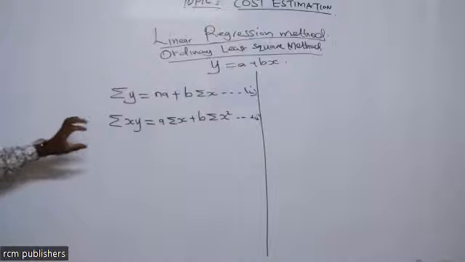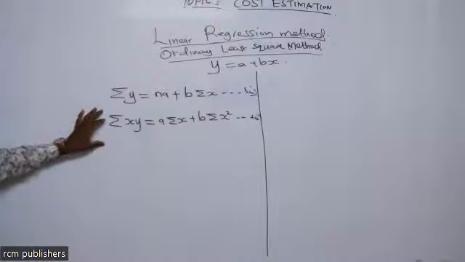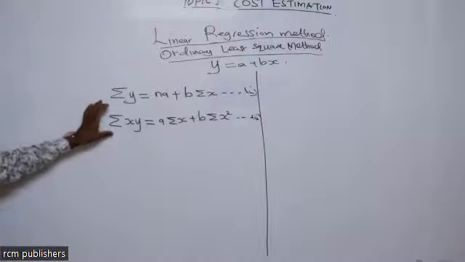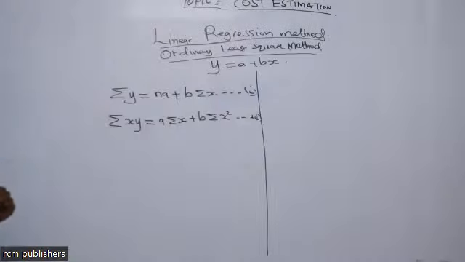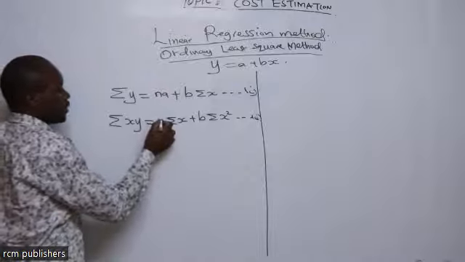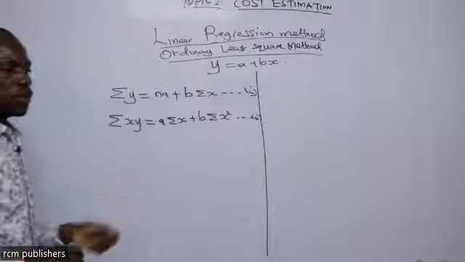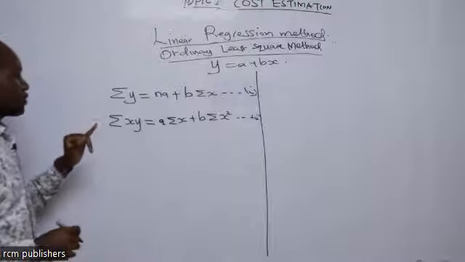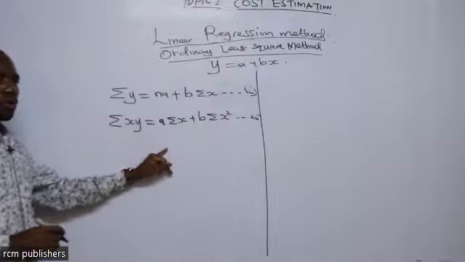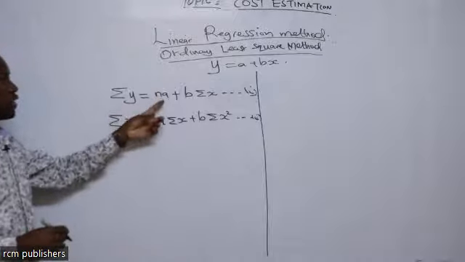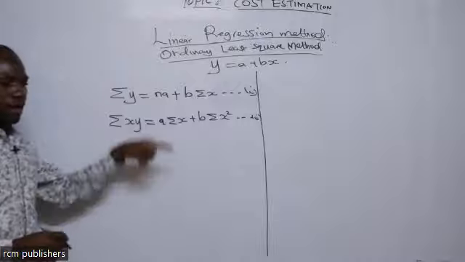Remember, if you did QA, or if you did management accounting, you can recall the methods of solving simultaneous equations. 1, using the elimination method. 2, you can use the substitution method or even apply the matrix method. You can also solve the same by use of a graph.